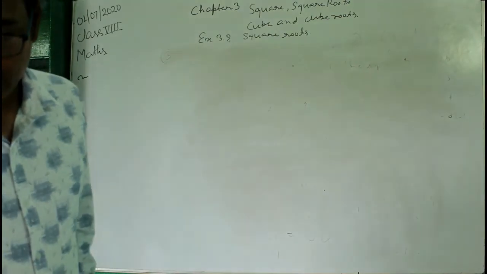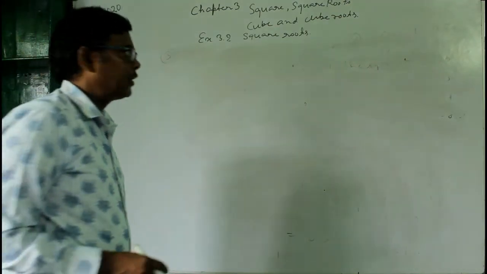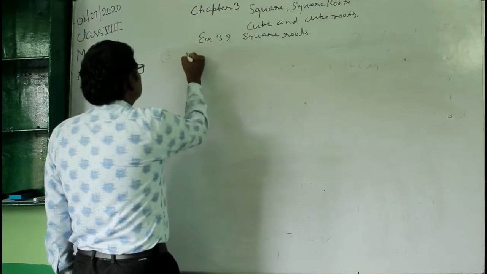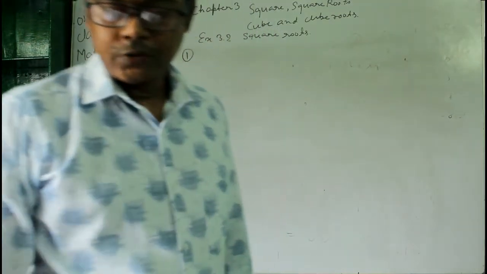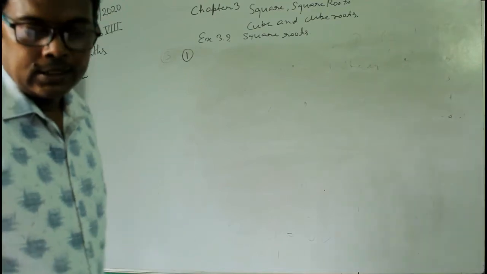Question number 3, find the square root of the following by prime factorization. So in this we have to find the square root by using the prime factorization method. The first question is 1936.